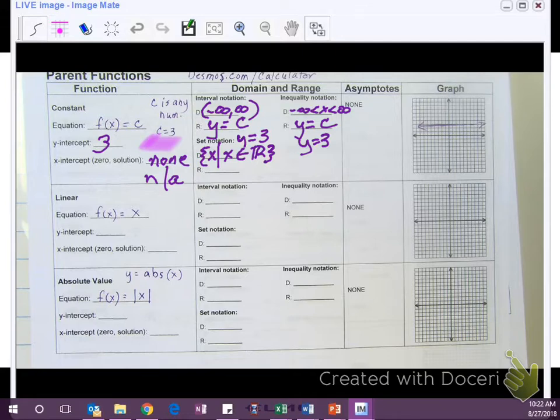And then the range will be the set of all y's such that y equals, for me, 3, or C, whatever value of C you have. There are no asymptotes, and we have our graph.